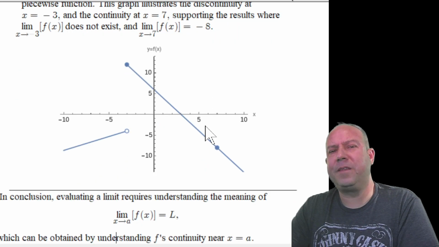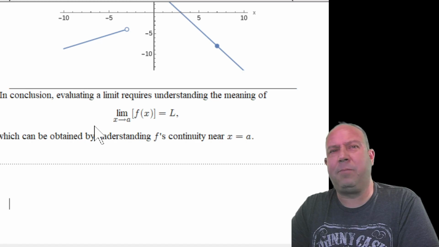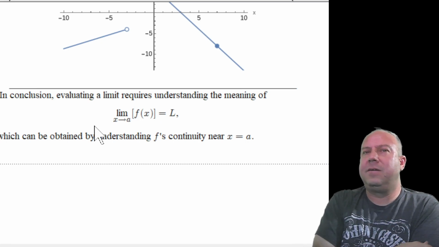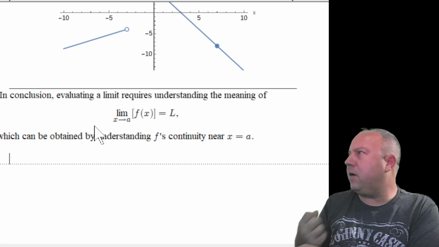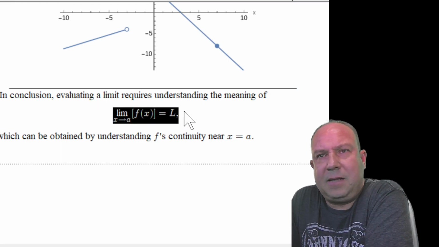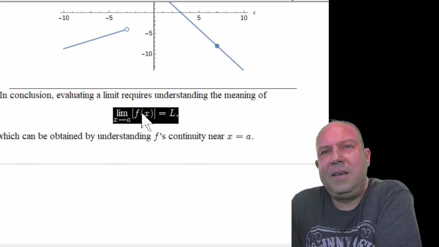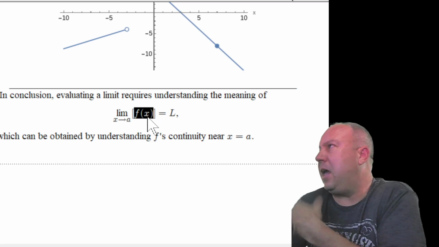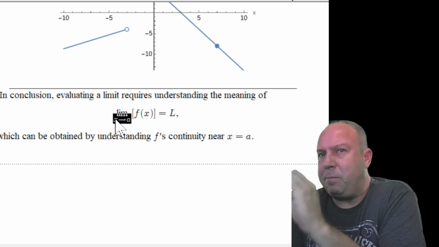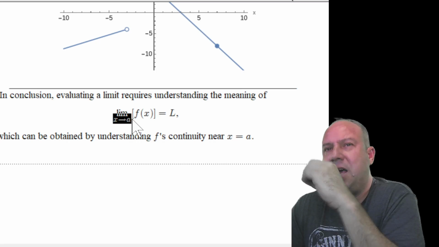All right? So just in conclusion, and I'll present one more example here also. When you think about evaluating a limit, not only does it require the understanding for the meaning of what a limit statement is saying, in terms of describing the behavior of the function's dependent value as its independent value behaves in this way, as x approaches a.